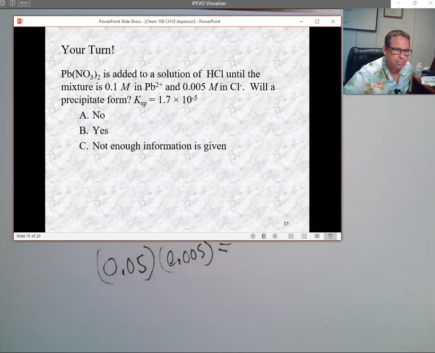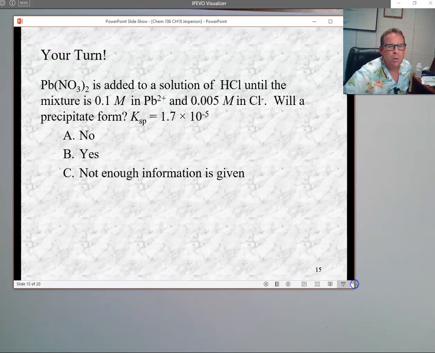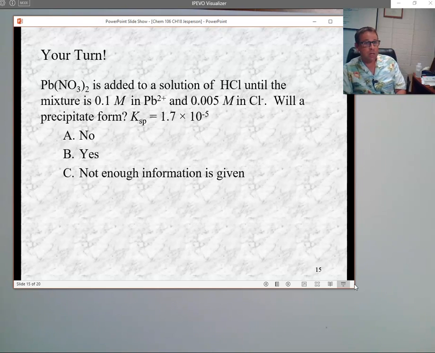Okay, so here's another question, just like those two, and we want to know, will a precipitate form? Lead nitrate is added to a solution of HCl until the mixture of lead is 0.1 molar and the mixture of chloride ion is 0.005 molar. Will lead chloride form?